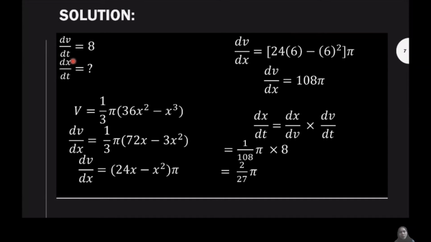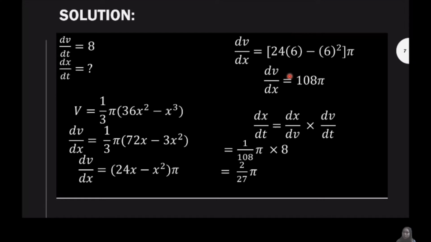Since we want to find dx over dt, what we can do is dx over dt equals dx over dV times dV over dt. So we only have dV over dx, which is 108 pi. So how do we get dx over dV?